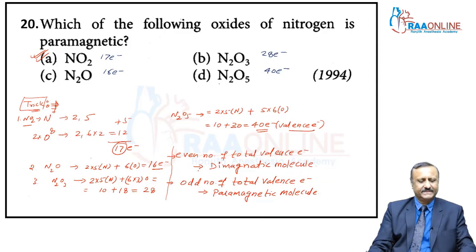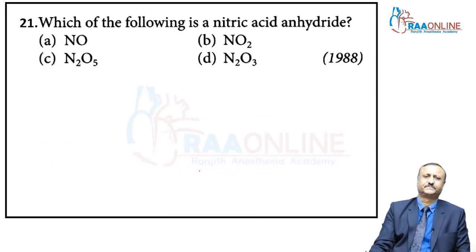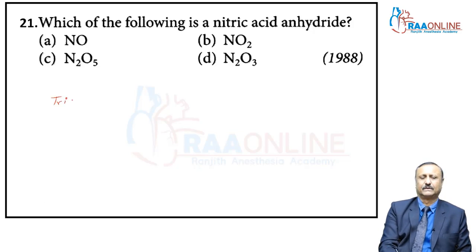Now we can see question number 21. Which of the following is a nitric acid anhydride? You can calculate the anhydride by a small trick, which I am giving to you. Here my dear students, the formula of nitric acid is HNO3.